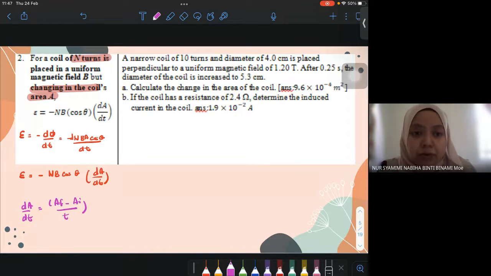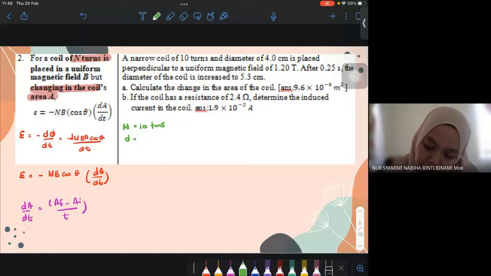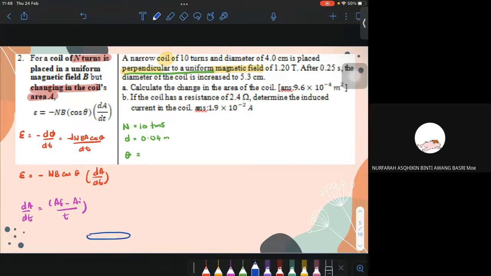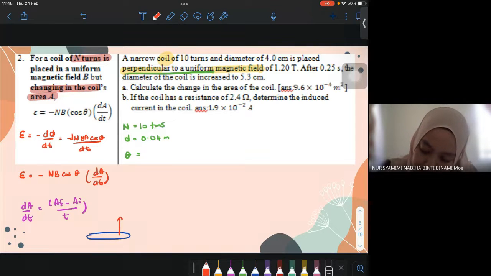Okay, sebab yang berubah. Okay, so read the question here. We have a narrow coil of n turns. So we have n is equal to turns, and diameter of 4 cm. So d is equals to 0.04 meter. Is placed perpendicular to a uniform magnetic field. Okay, so theta kita berapa? Coil perpendicular to magnetic field. So I have one coil 0. Yes, very good.